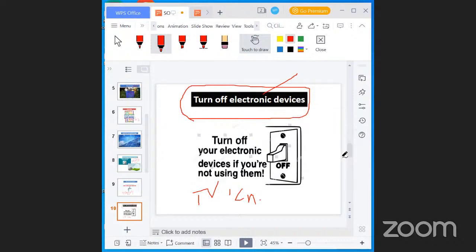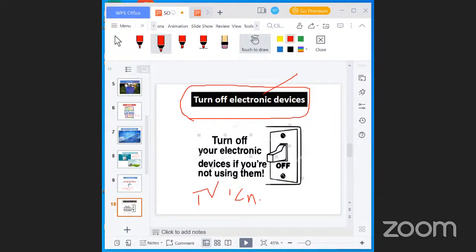So you can switch off your electronic devices. So this can help in saving fuel that is used to generate electricity, which in turn can reduce 1,000 tons. How much? 1,000 tons of carbon dioxide released in the atmosphere.